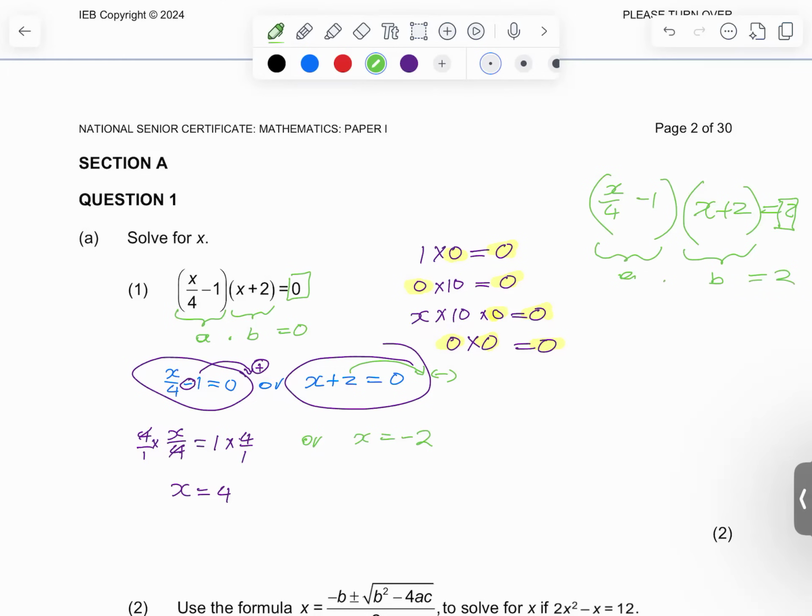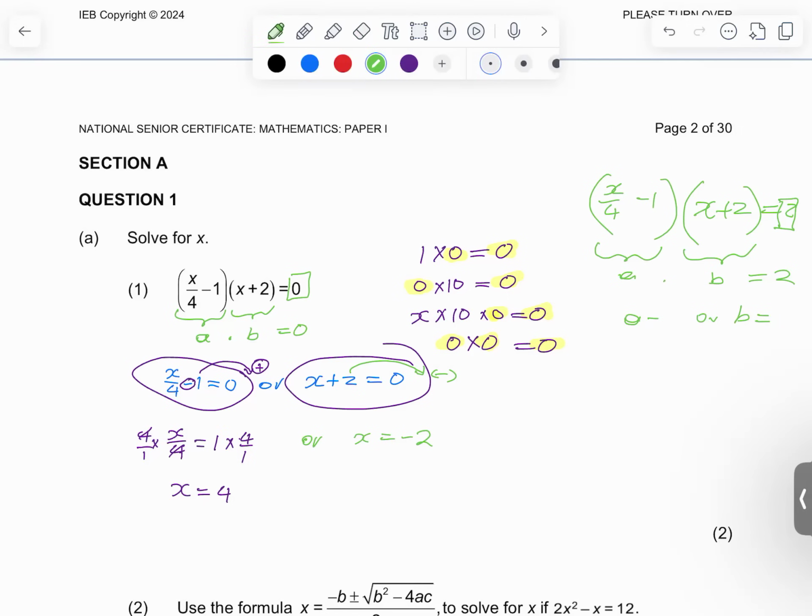We can't assume that. So basically where we say A is either equal to 0 or B is equal to 0 doesn't work here when you have a number that is not equal to 0. When we have 2, it does not work, guys.